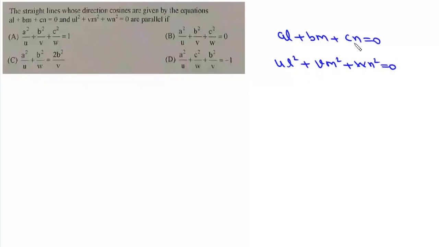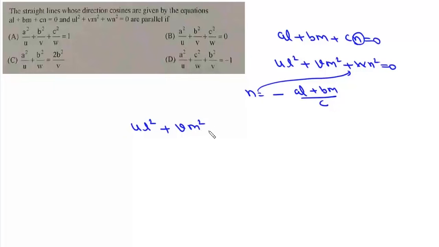Now what we'll do is, we'll find N from this, and we'll write this N as minus (AL plus BM) divided by C, and we'll put this N in this second equation. So we'll write this as UL square plus VM square and then plus W, and if we take N square, it will be (AL plus BM) whole square upon C square, and this will be equal to 0.